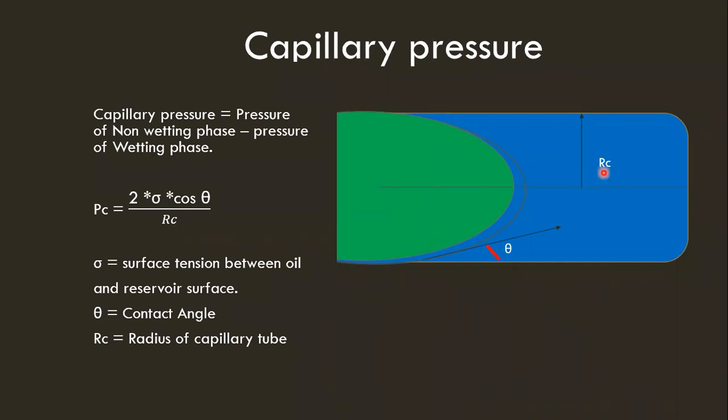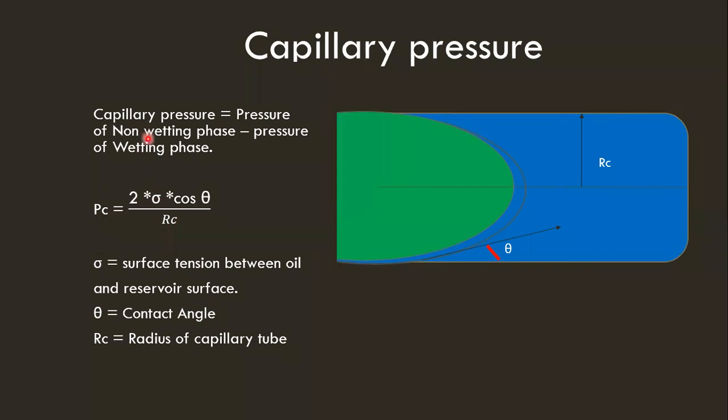So this is RC and that is theta, and sigma is surface tension, which is measured in dynes per centimeter, and can be estimated between a rock as well as a fluid. So that has to be estimated in the laboratory. So if you have the values of surface tension, contact angle, and capillary radius, then we can estimate the value of capillary pressure.